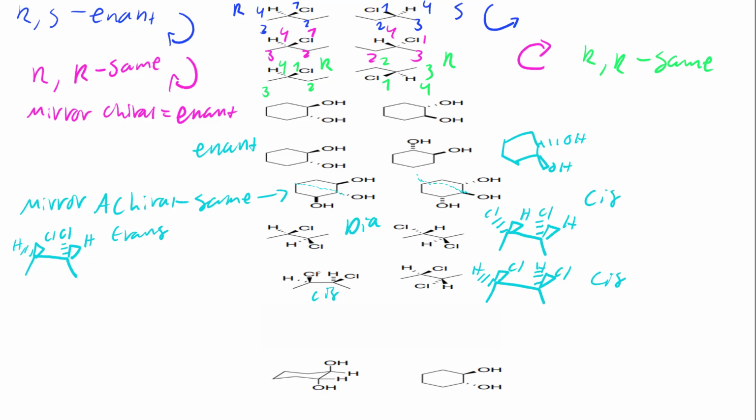Well, hold on. This looks like a meso compound because we have a plane of symmetry. If we have a plane of symmetry, that's going to be achiral. And this is also achiral. And they look like mirrors as well. And what do you know about the mirror of an achiral molecule? Well, they have to be the same. They have to be the same.